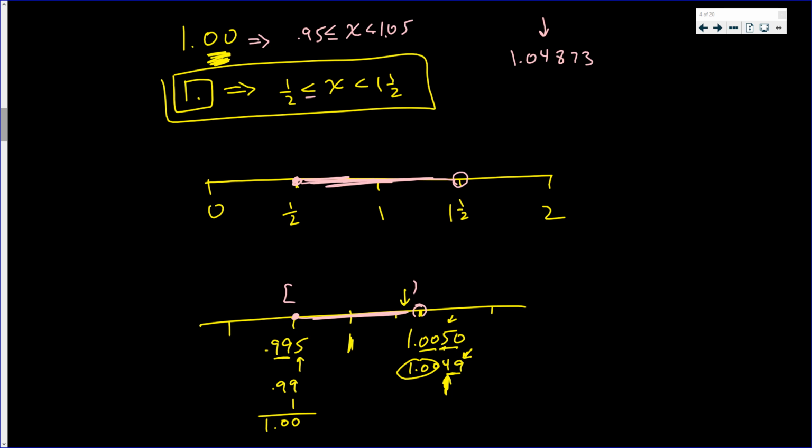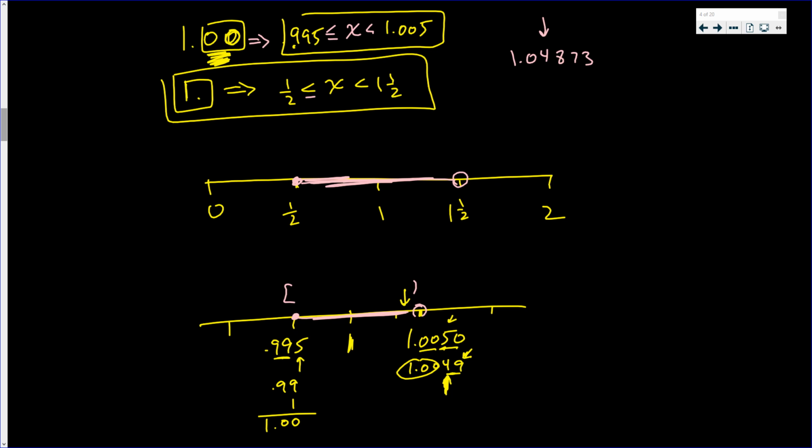So, what this means, and boy did I mess up, this means that x is between 0.995 and 1.005. If you take any number in between these two, and including the left one, and you round to 2 decimal places, which means the 100th position, you would get 1.00.